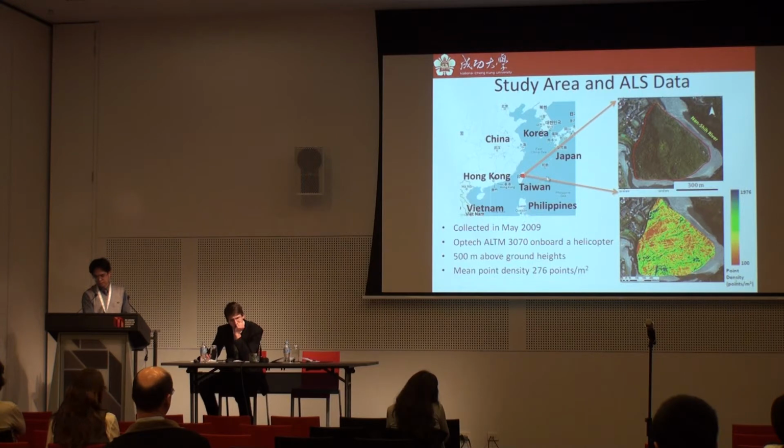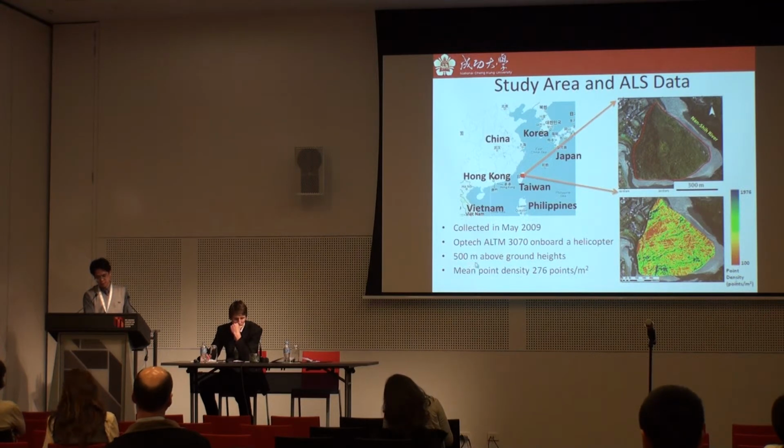So we have the ALS data collected in May 2009, collected by an Optech ALTM 3070 on board a helicopter. It was 5 meters above ground height, and we have the mean point density of 276 points per meter squared, and that's the real number.